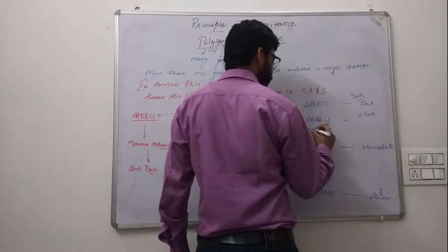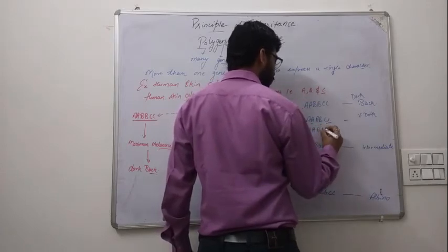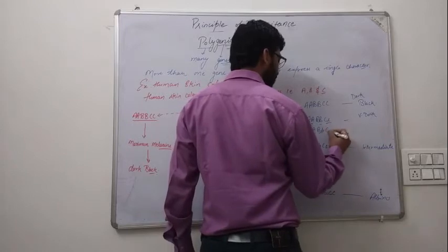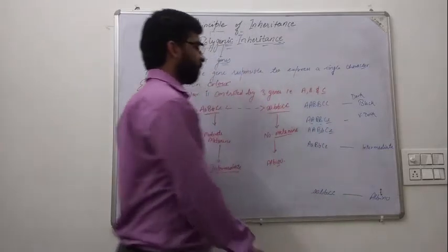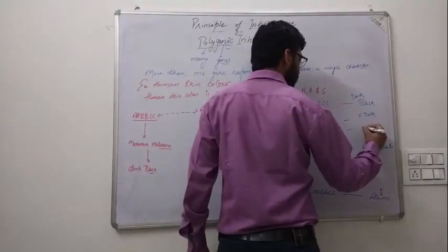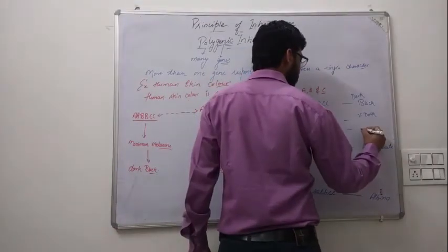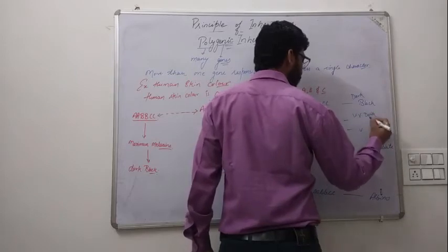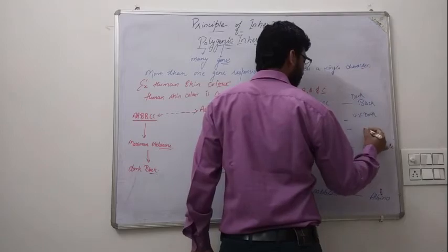And if here two are in recessive, then this condition is dark.